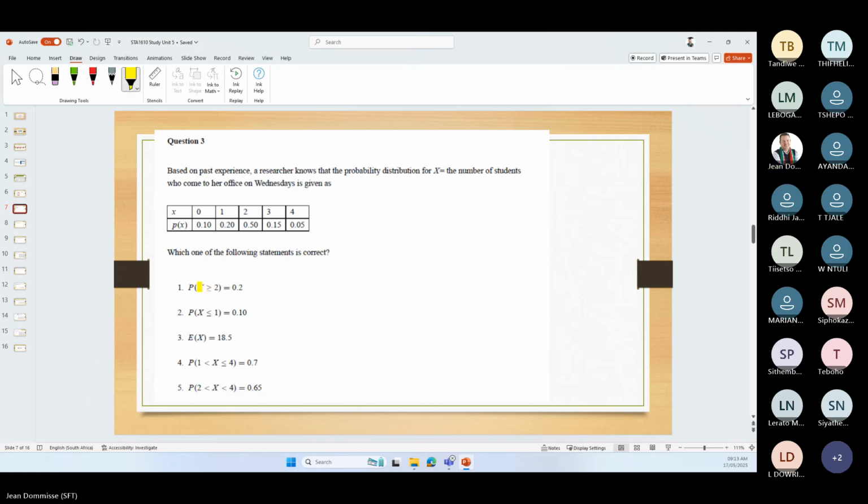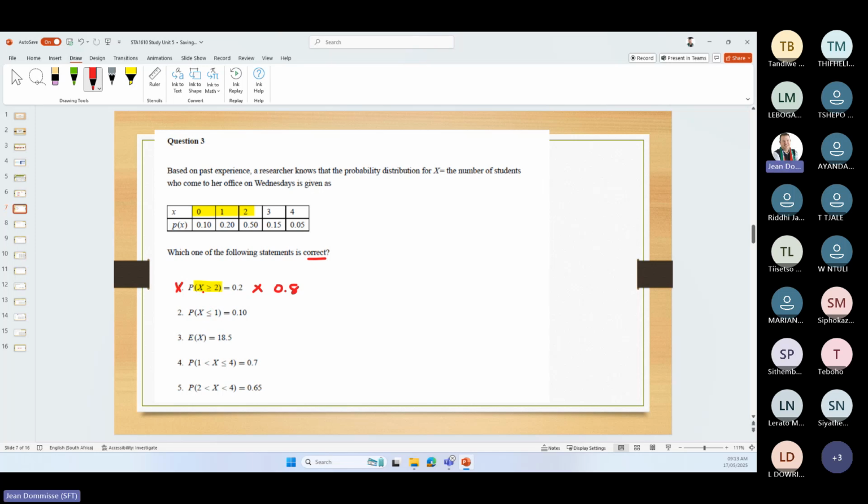So x smaller or equal to 2. Smaller or equal to 2 is everything smaller than or equal to 2. So if we look at it, 0.5 plus 0.2 is 0.7. So that should be 0.8. We are unfortunately looking for the correct one. Okay, so let's go to the next one.